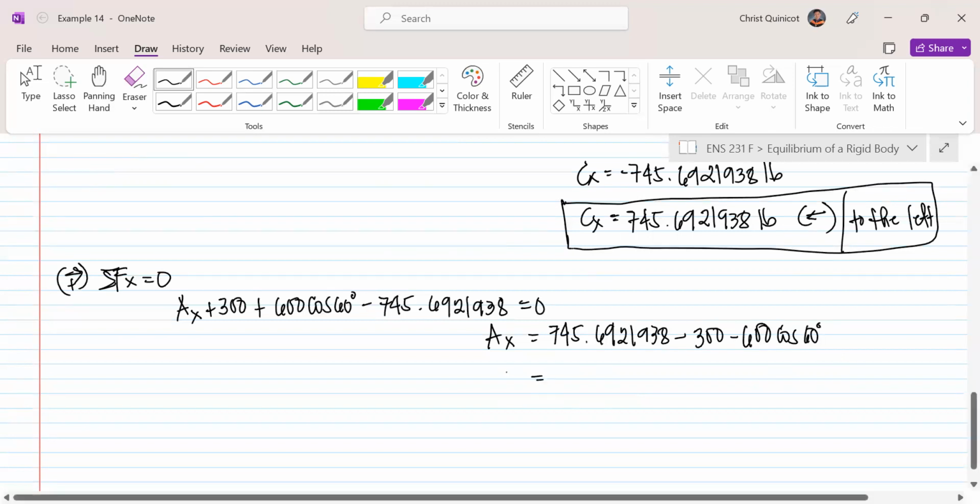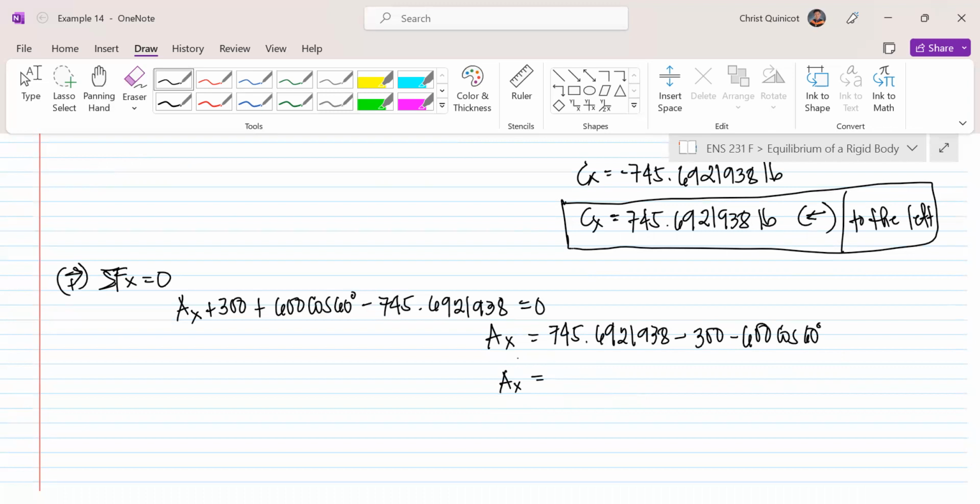So A sub x is equal to, 600 cosine 60, that's 300, plus another 300, that is 600. 745.692138 minus 600 is 145.692138 pounds.